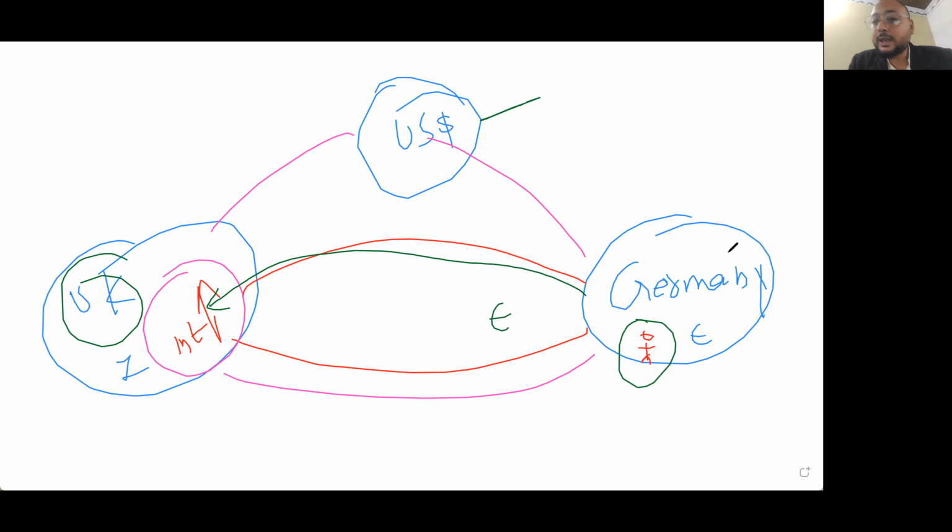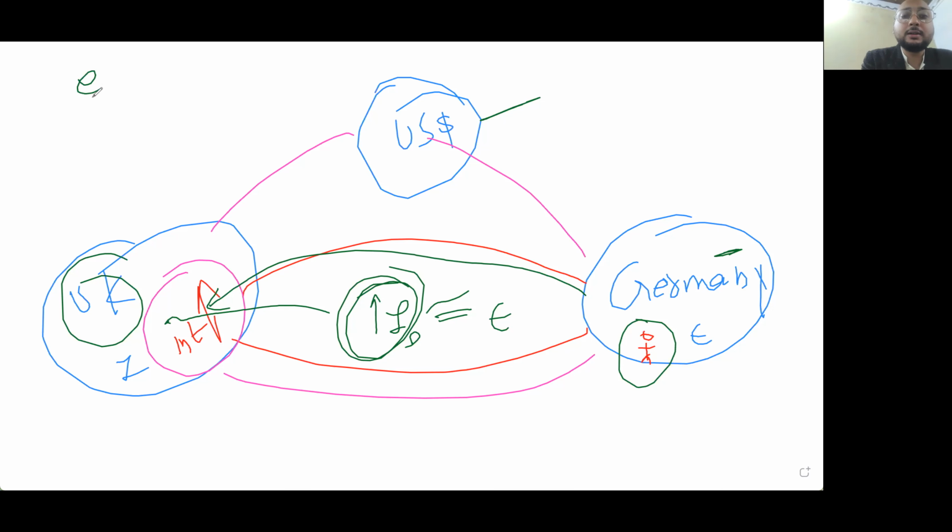So they will be selling their euros and buying pounds, converting into pounds and then investing in the UK. Since the demand for the pound rises, its price rises. The price of any currency is called the exchange rate. Right, Tiffany? The exchange rate rises. What happened to the euro? Since German investors are selling their euros and demanding more pounds, they are selling their euros.